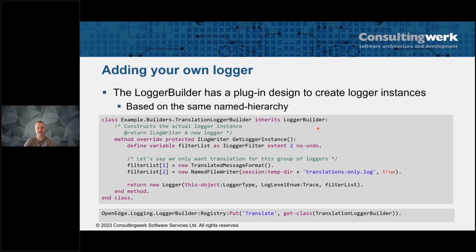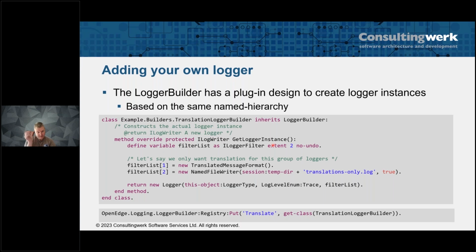I don't care about config. If I'm doing translations, I only want 2 things. I want the translated message format, and I want a name file writer to translations only log, right? Boom, and create one. And I can set that in a registry, which is used to figure out what builders to use, called translate. Again, this is maybe an extreme use case, and really coincidentally, yesterday or the day before, I came across a good use case for doing this stuff, not just a demo case like here.